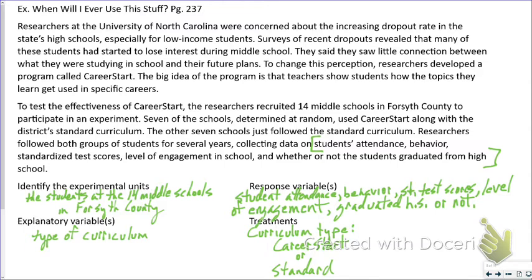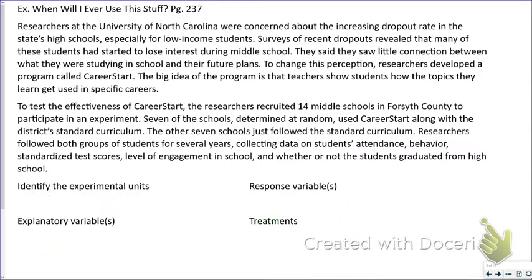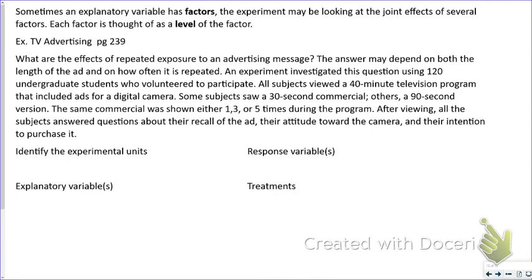All right, let's try another one. So we have another one. Hit pause again. Try it yourself. Write those 4 things out. I'm going to do it right now. At the very top, I have it written down that treatments can be over different factors, and then each factor can have a level.